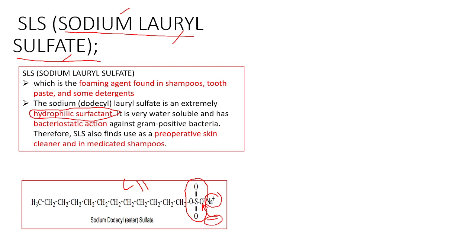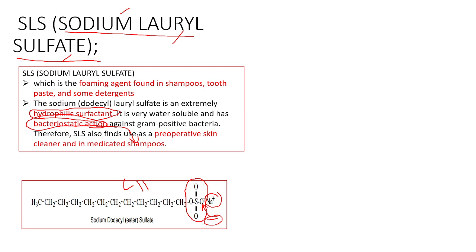Hence, this SLS is a hydrophilic surfactant, and it also has bacteriostatic properties. Hence, we can use it in medicated shampoo. If you want to prepare a medicated shampoo, we can use SLS.